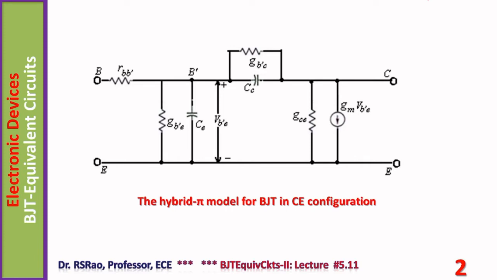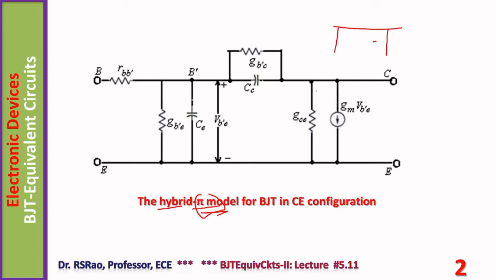Now, we begin the session by considering the BJT equivalent circuit. It is called the pi model, hybrid pi model. The reason for it being called the pi model is that it is in the shape of pi. Pi means two legs and a roof. Here also one can find two legs, this side and that side, and a roof.